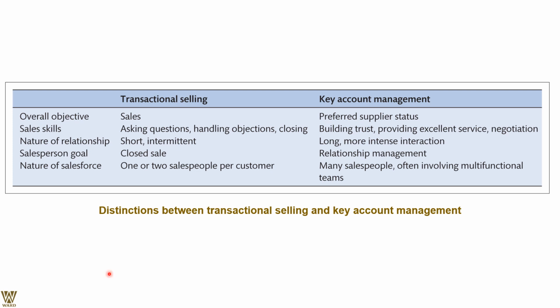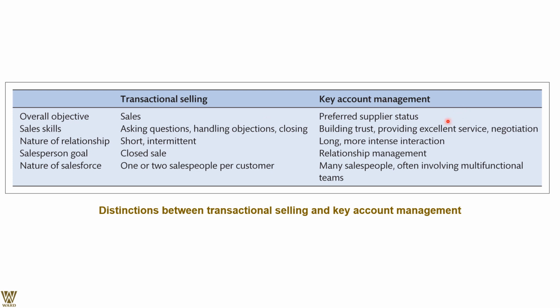The traditional sales which we were following vis-a-vis key account management. Now, what is the overall scenario? Let me put it and base it one at a time. As an overall objective, transactional or traditional selling is all about sales. It is a product or service being rendered for which money is to be paid.